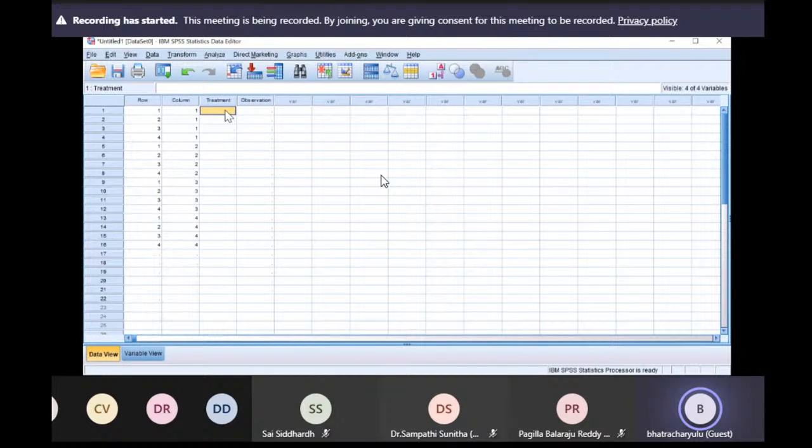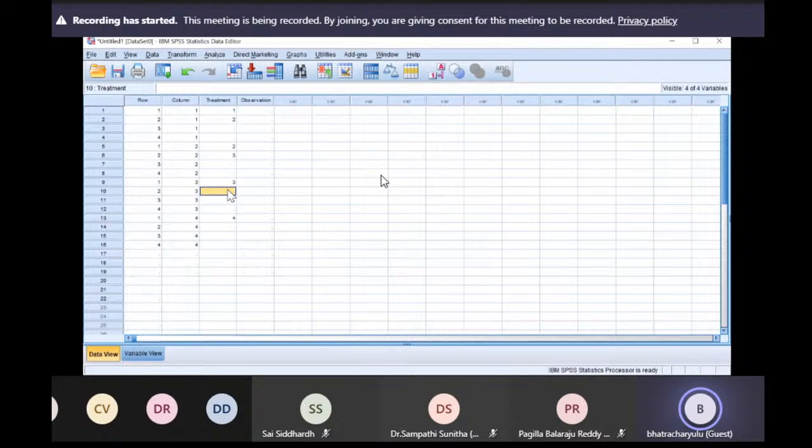Good. Next treatments. You write first row, first column, 1. Okay. And first row, second column, 2. First row, third column, 3. First row, fourth column, 4. Next, second row, first column, 2. Okay. Next, second row, second column, 3.